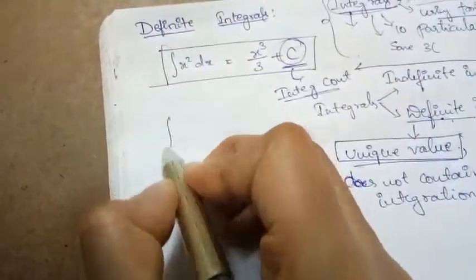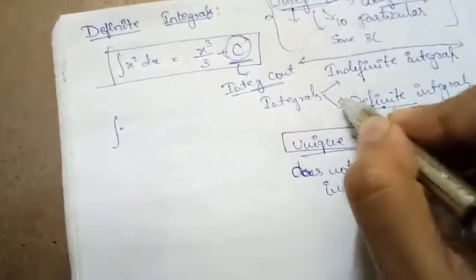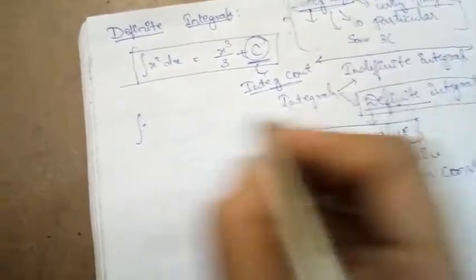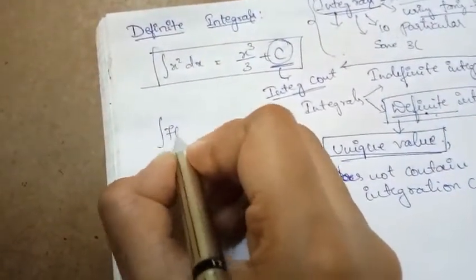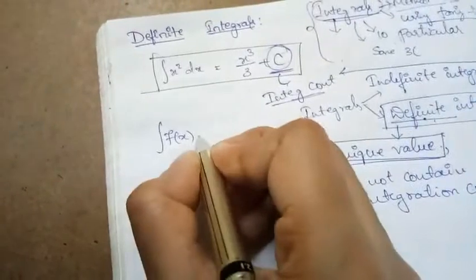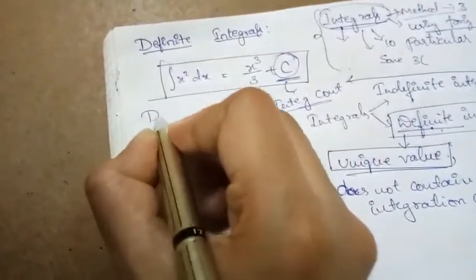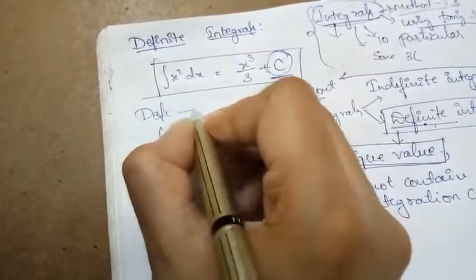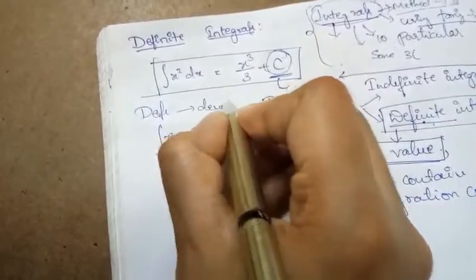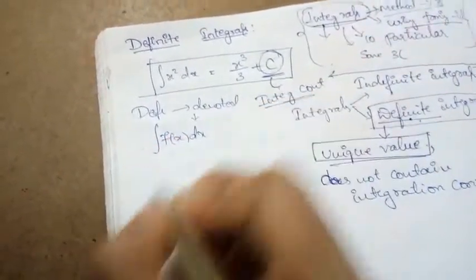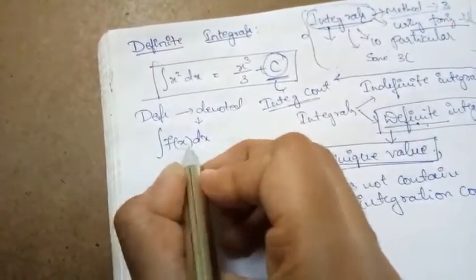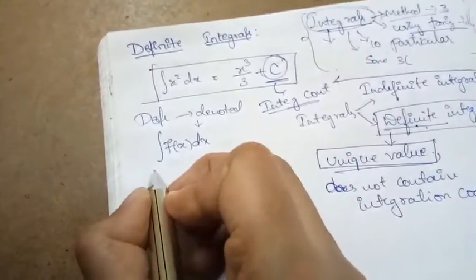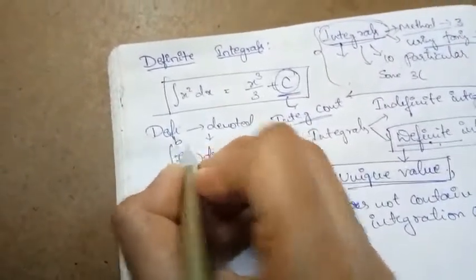Suppose I consider a definite integral. How is this denoted? It is denoted like integration f of x dx from a to b.